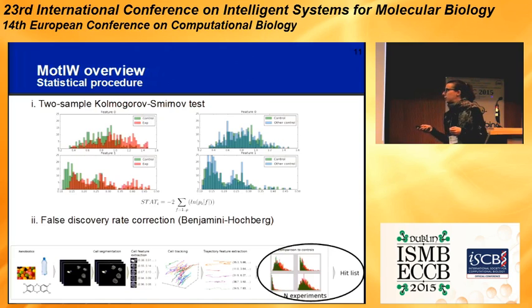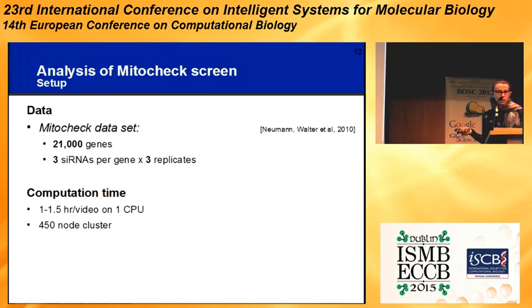We're going to adjust the p-value using the Benjamini-Hochberg procedure to control the false discovery rate. So in the end, we can just threshold this list of p-values and get a list of experiments in which we think that cell motility is significantly different from the controls.